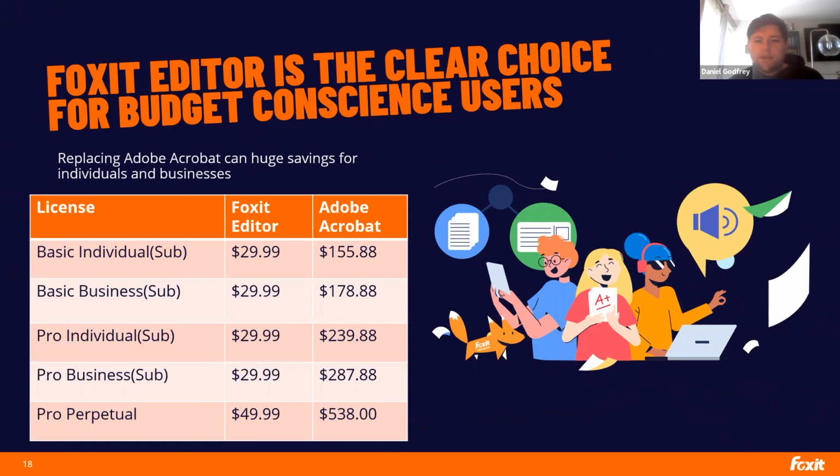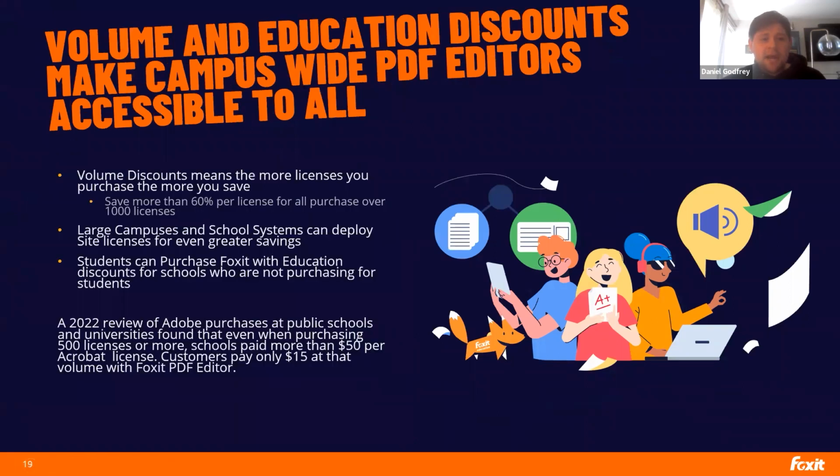But pricing wise, you're going to save significantly with Foxit compared to Adobe. But obviously, the real savings comes with volume discounts. But even there, Foxit definitely has the advantage. So volume discounts is when schools are looking to purchase more than 5 licenses, and we start having price reductions because of that.